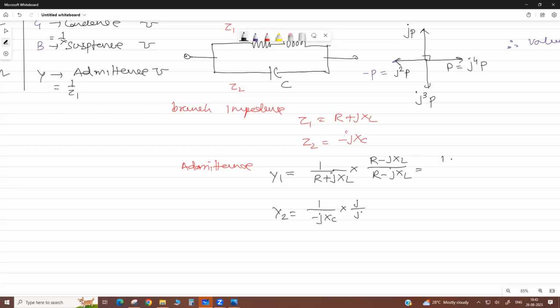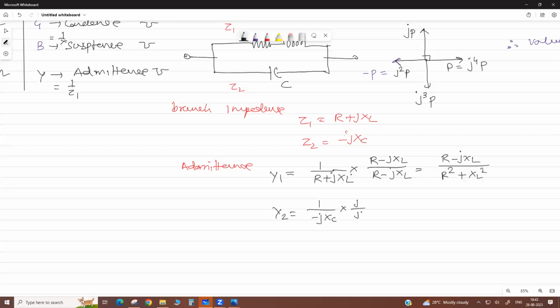This becomes R minus jXL by, this becomes A plus B and A minus B. So it is R square, A square minus B square, B is j XL, square. So j square means minus 1, then it becomes plus XL square. Okay, please. Got it now?